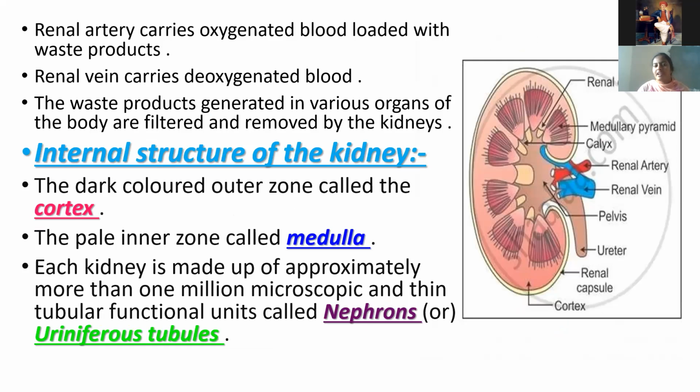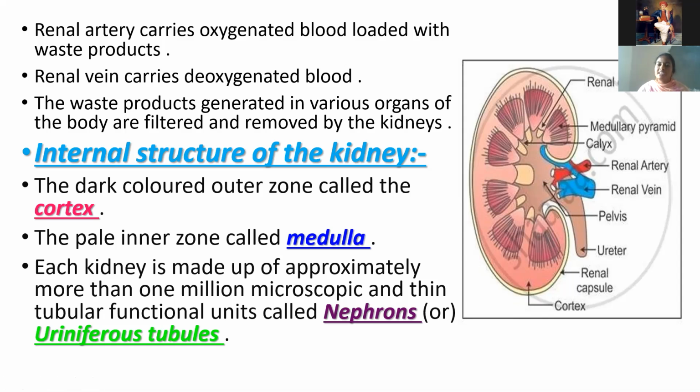Next, the internal structure of the kidney. The dark colored outer zone is called the cortex, and the pale inner zone is called the medulla.